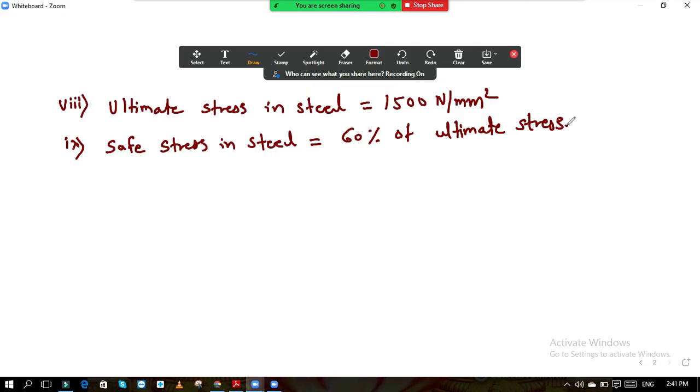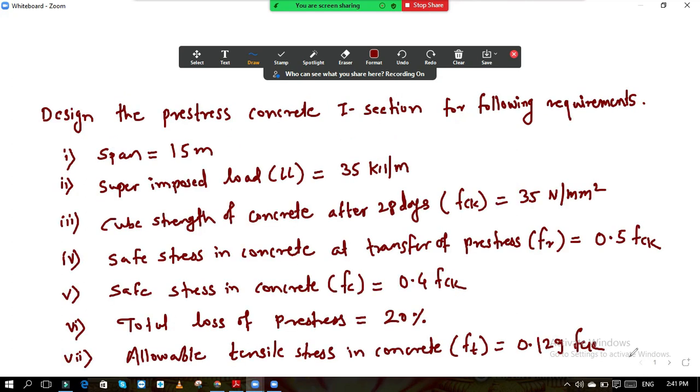So this much is the given data. Now we need to design the I section. So to design the prestressed concrete I section for the following requirements: span is given, live load given, FCK value is given, safe stress in concrete at transfer 0.5 FCK, safe stress in concrete 0.4 FCK, total loss of prestress 20%, allowable tensile stress in concrete 0.129 under root FCK.